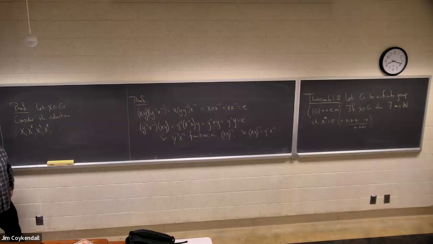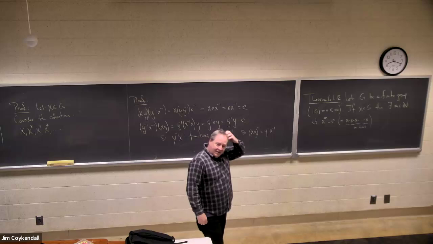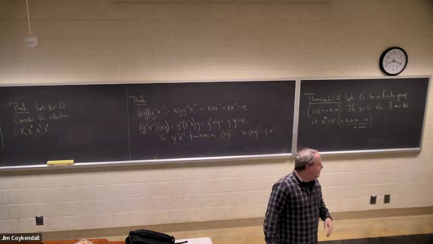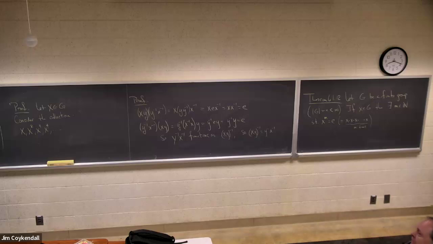The first element is X, the second element is X combined with itself. The next one is X combined with itself 3 times, and so on. I was too lazy to write it all out. That is an infinite list, isn't it? Because I'm going to write down the power of X for every natural number.